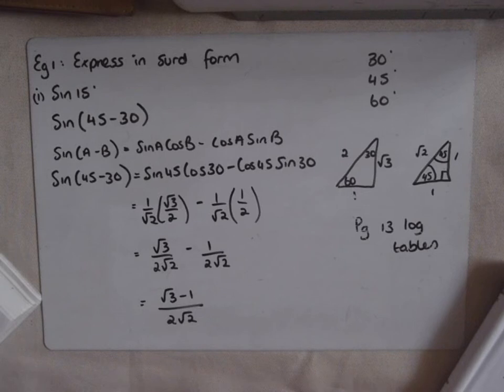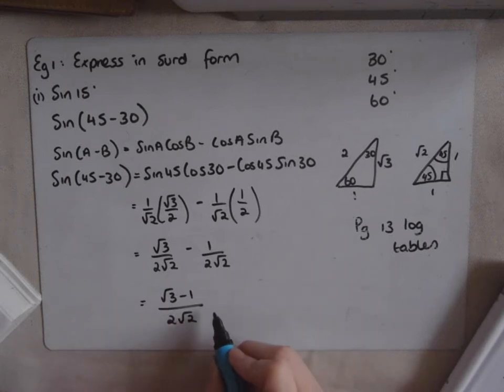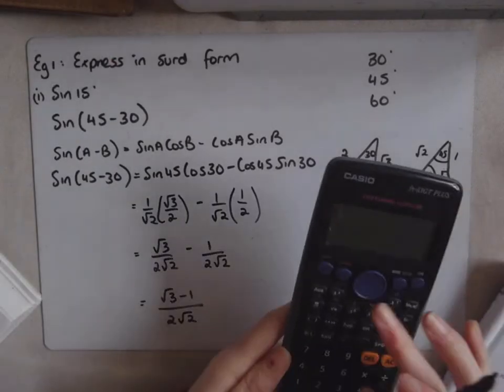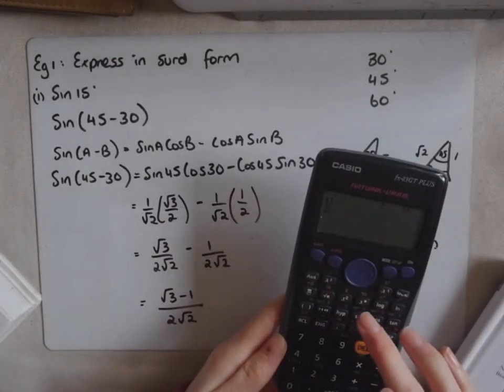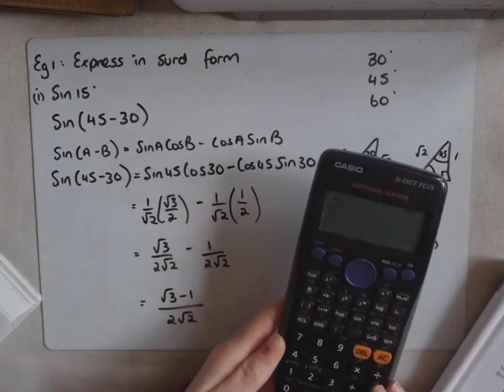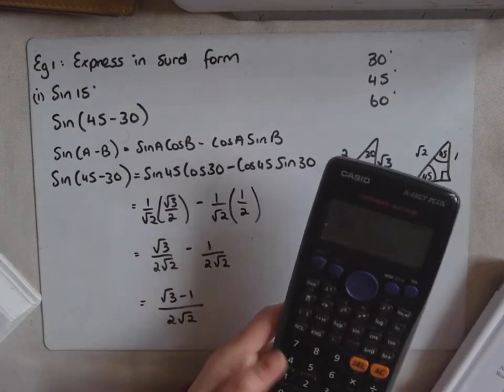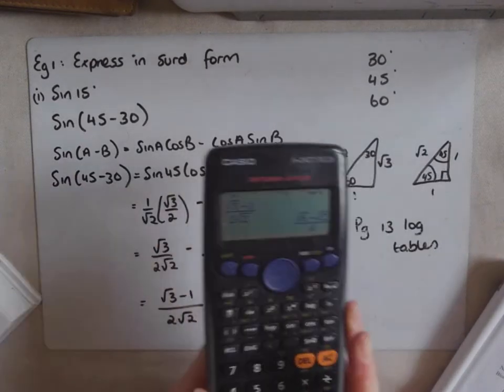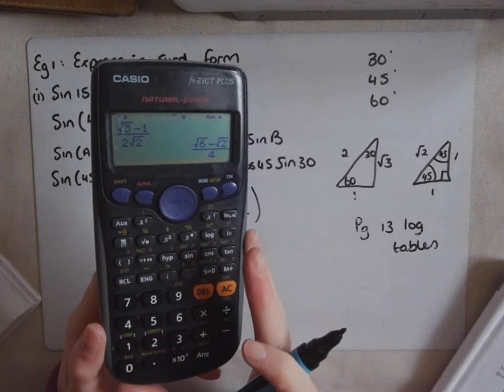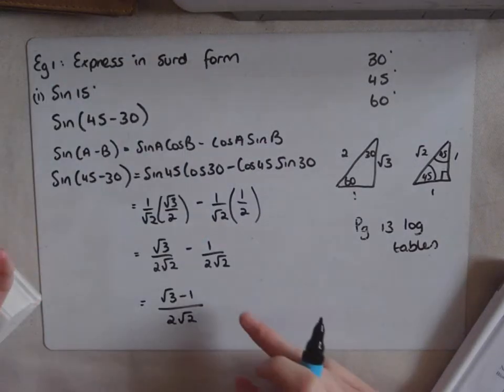Now if they've told me I'm not allowed to use a calculator, I can either leave it like that or I can rationalise the denominator. So to rationalise the denominator, I'd multiply it by 2 root 2. The calculator will give you that answer back. Now, they've just said in surd form.